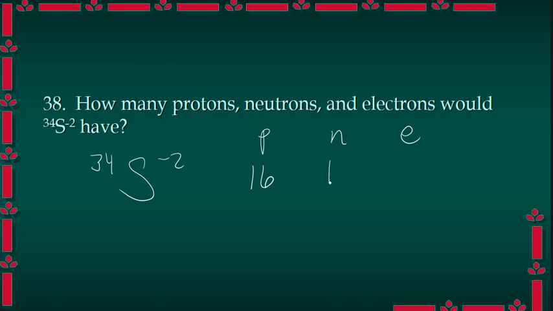And how do you know? Excellent. Number of electrons. How do you know? Use the Casey method. If it says -2, don't do that. Add 2. Add 2 to your protons. 18. Very nice.